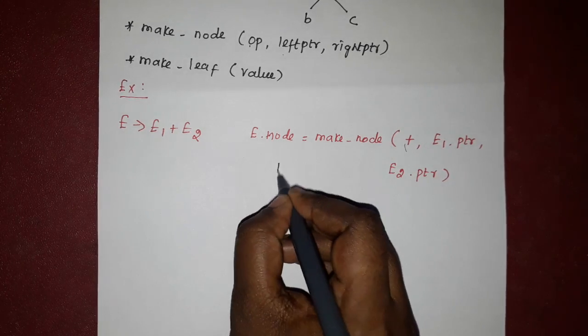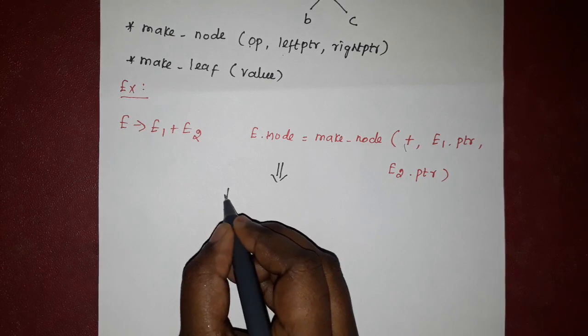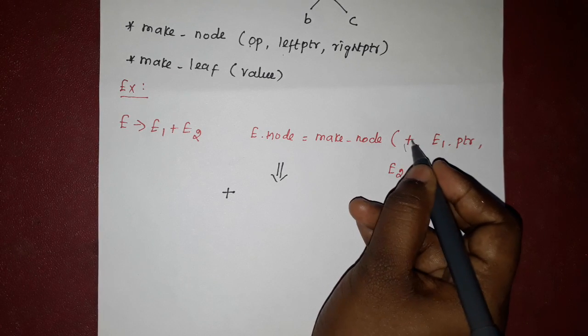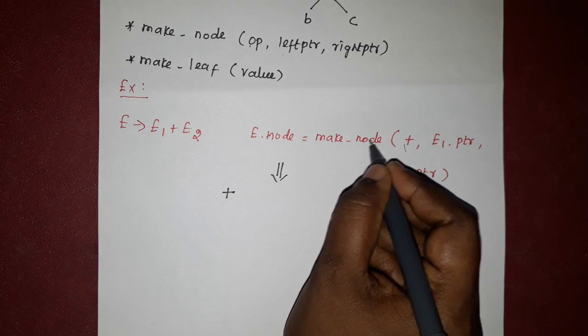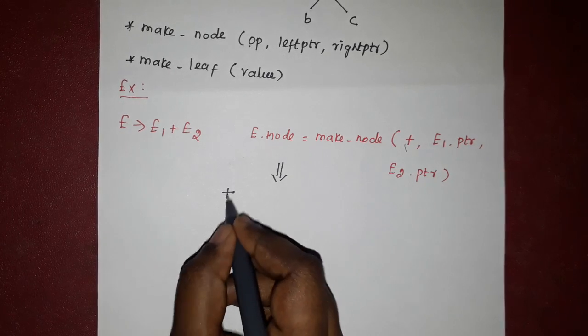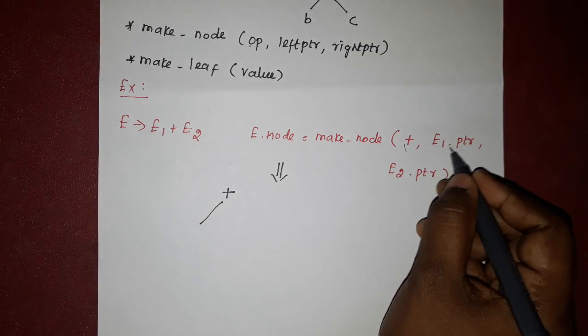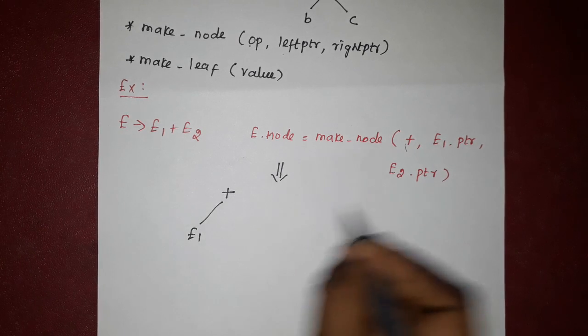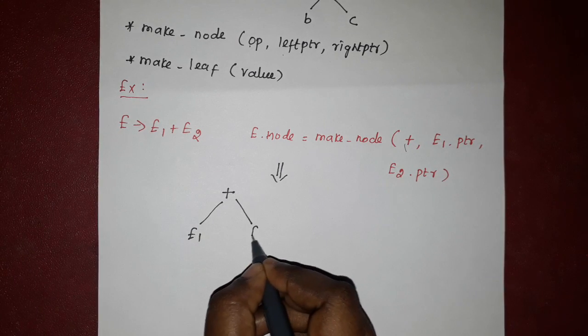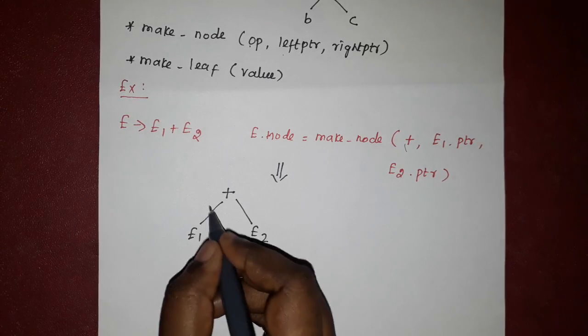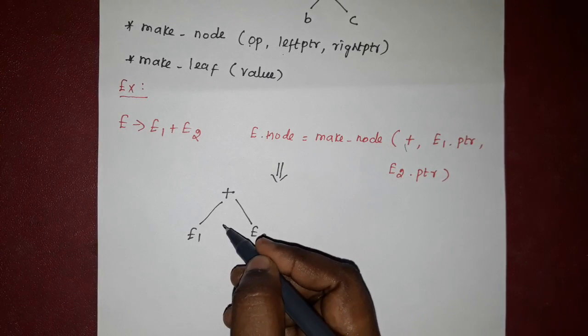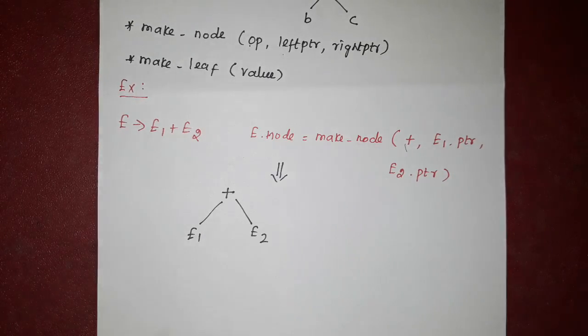After this function evaluation, the node is created: plus is a node, make node of plus, which means we have constructed the node for this plus operator. So plus is a node, the left pointer is E1 and the right pointer is E2. So this is the syntax tree for this expression by using this function.